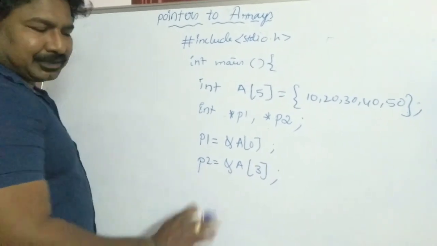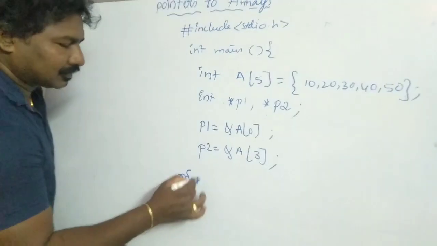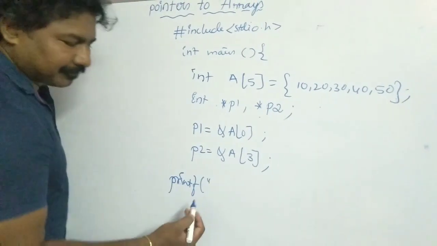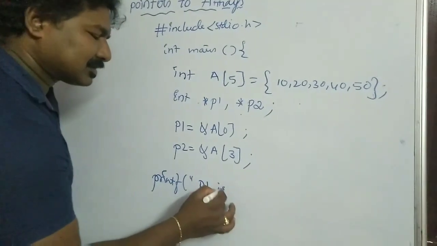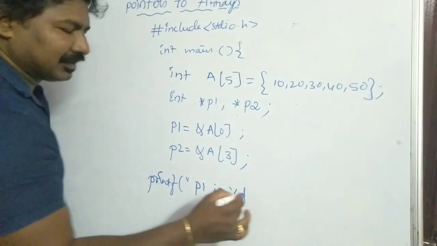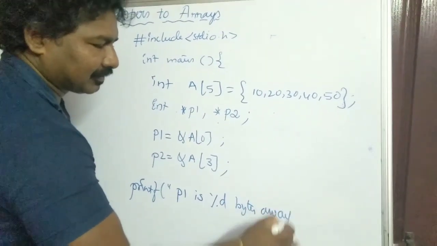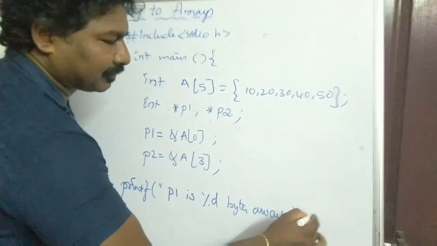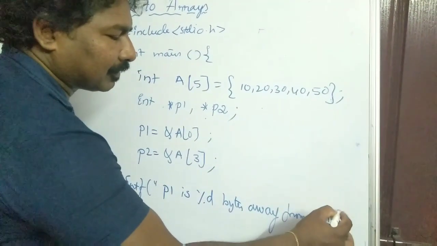Okay, so I am just printing something, that is printing p1 is percentage d bytes away from p2. Okay, I'm just writing a sentence here.